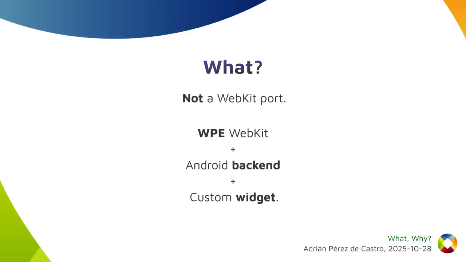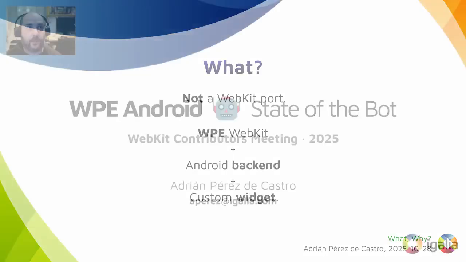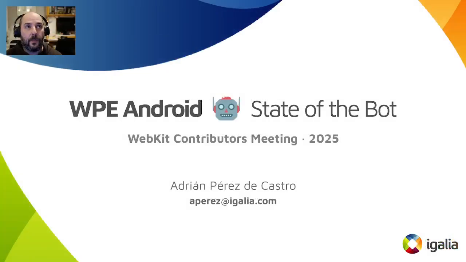The interesting part I would like to highlight is the flexibility of the WPE port, because it doesn't mandate any toolkit or any kind of windowing system. We can do slightly crazy things, like plugging it into a completely alien system like Android with relatively minimal changes, as we'll see.